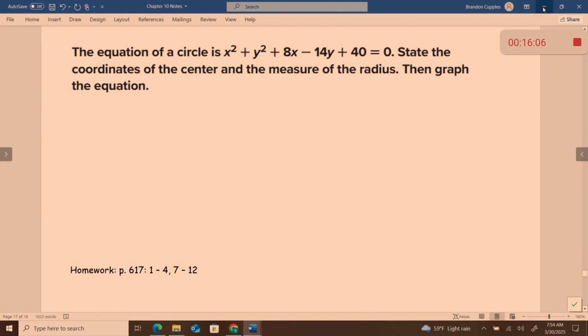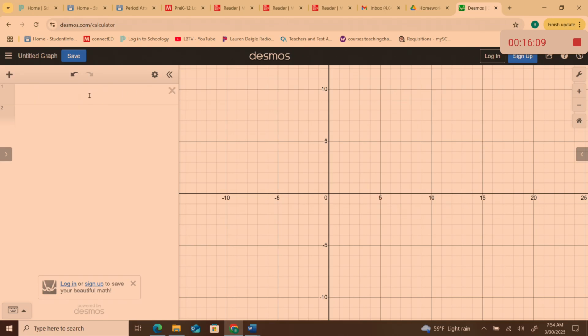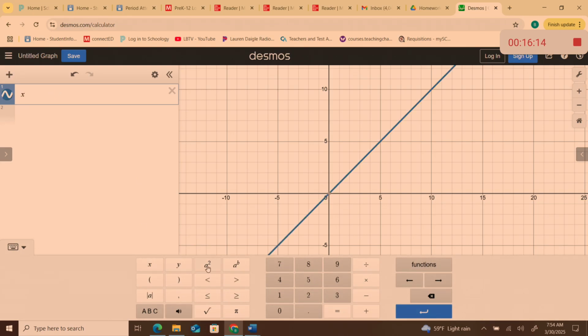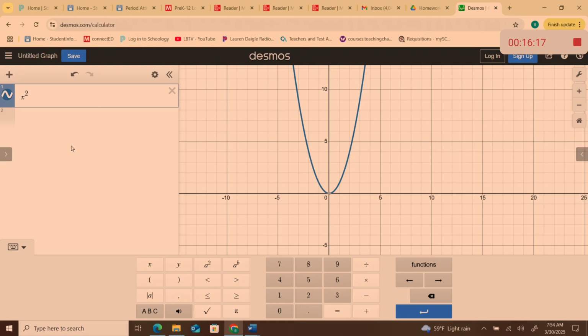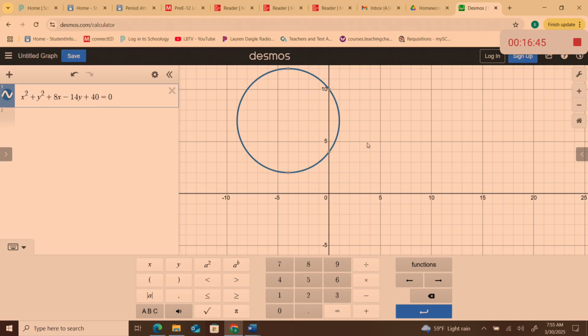The original equation was x squared plus y squared plus 8x minus 14y plus 40 equals 0. Okay, now it gives you this picture right here.